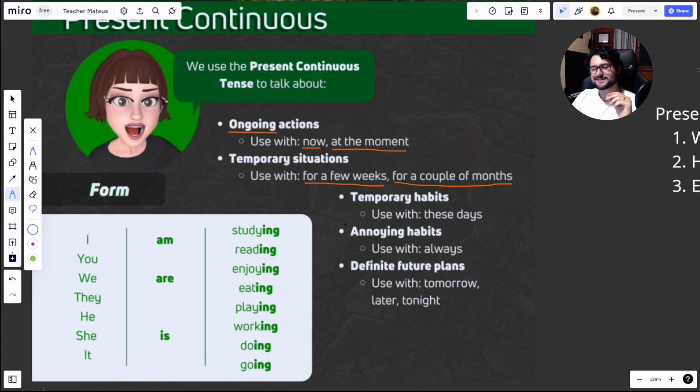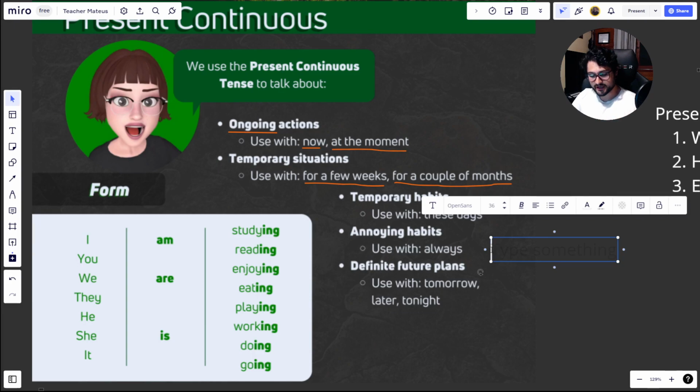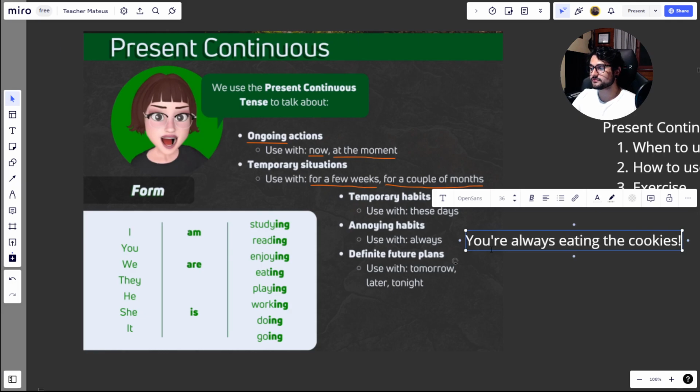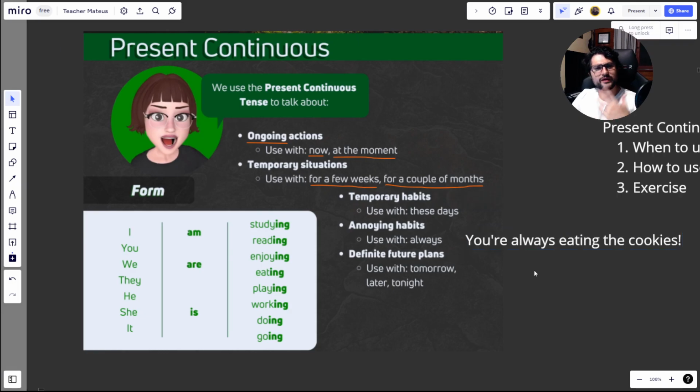Another usage, this is a little bit more specific. We use the present continuous with annoying habits. For example, teacher Gabi could tell me, Mateus, you are always eating the cookies. You are always eating the cookies. This is an annoying habit.